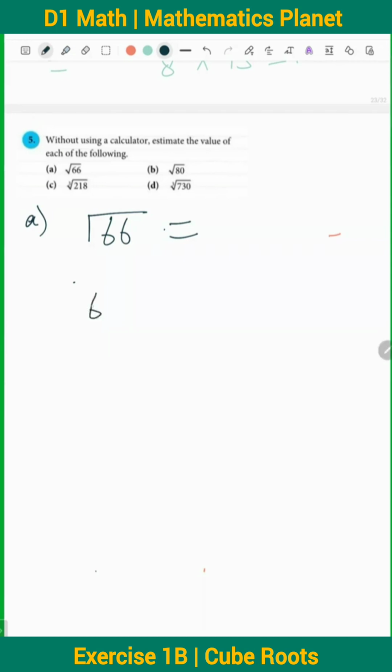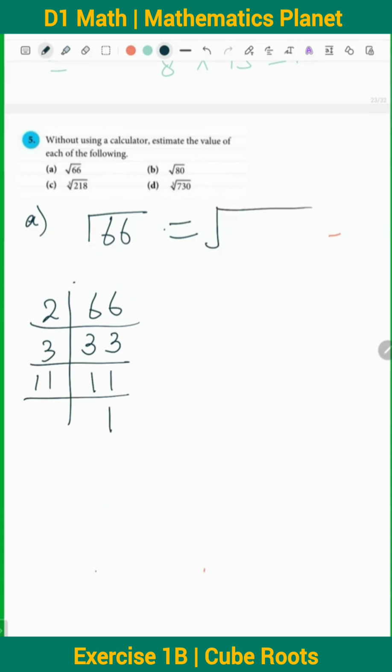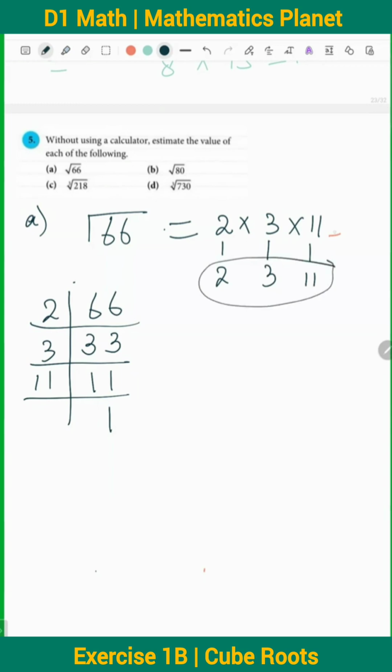If we do prime factorization: 2 times 3 is 6, 3 times 11 is 33, 11 times 1 is 11. So what did we get? We get 2 times 3 times 11. But what should we actually get in the square root? We should get 2 twos, 2 threes, and 2 elevens, which means one of each pair is still missing, only one is available. So it means it will be either up or down. Okay?